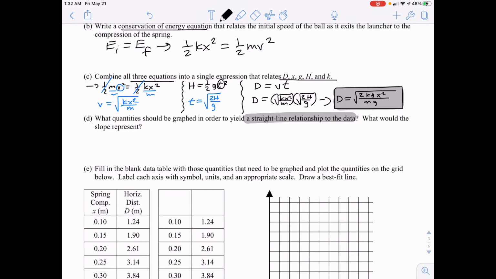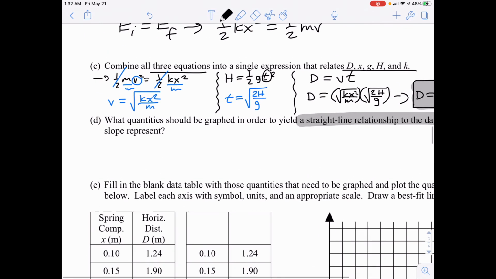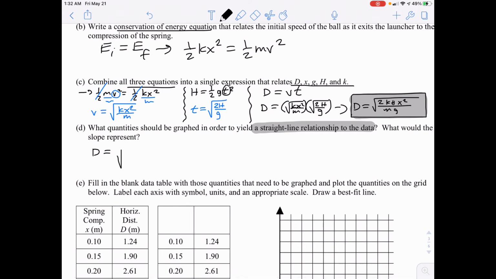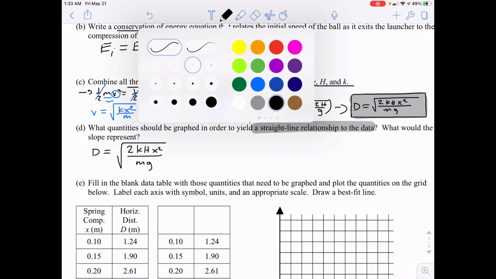So what we're going to do is take that whole equation, and we've got d is equal to the square root of 2khx squared over mg. First thing I'm going to do in order to reason this out is get rid of that square root.